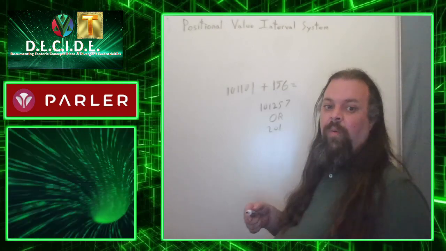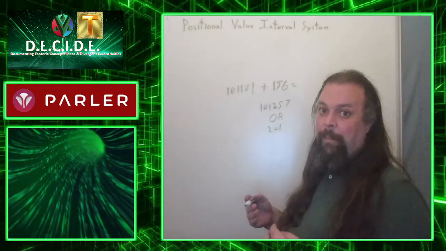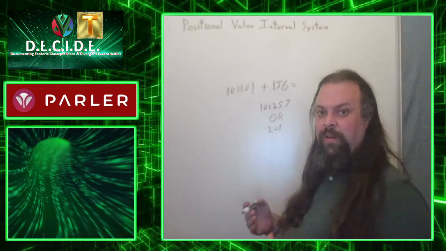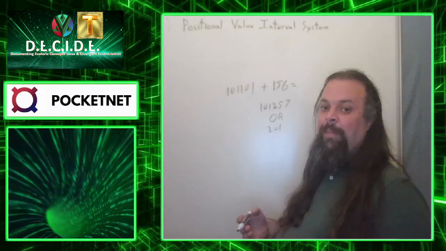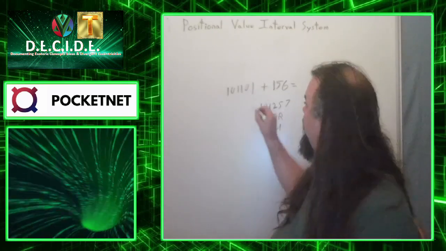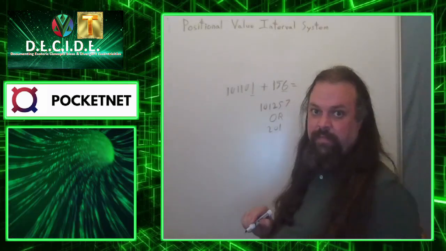This is because all we know is that 101,101 is at minimum a base 2 number, and 156 is at minimum a base 7 number due to their highest digits of 1 and 6.